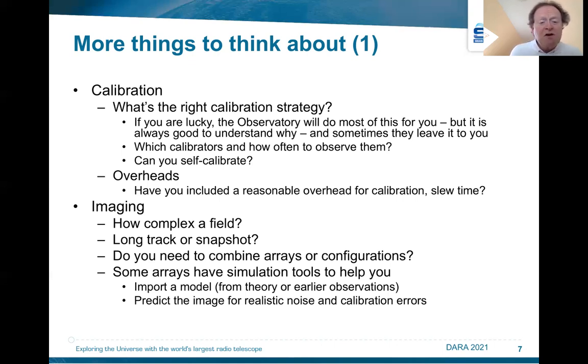You need to know which calibrators to observe and how often to observe them. So, for example, you'll need to think about the absolute flux scale. So you'll need to observe a primary flux calibrator. You'll need to calibrate the bandpass of your telescope, and you'll need to calibrate the complex gain, the variation of amplitude and phase across the target.